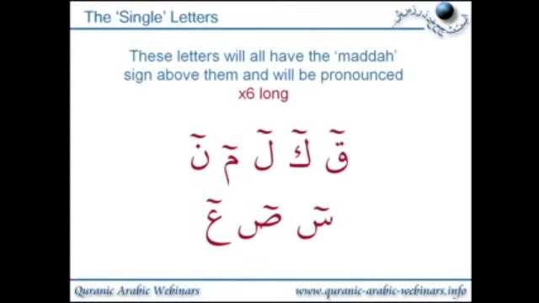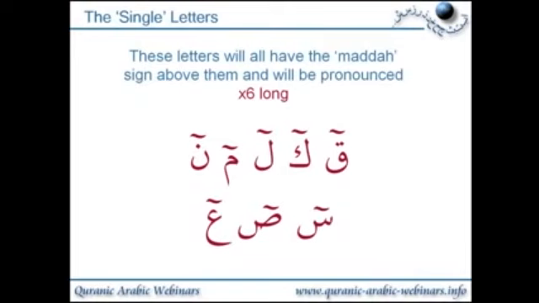They're pronounced as the alphabet names, and these ones out of all of those single letters will carry the madda sign, so these ones are always recited as 6 long. Okay, and again they'll always be in the first part of the surah, as in the first sentence. Although they're separate letters, they don't actually make up any specific words, and they're just recited according to the length.